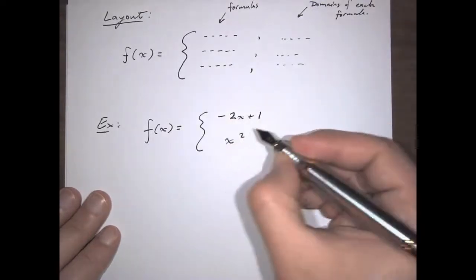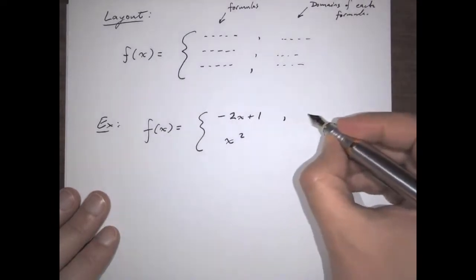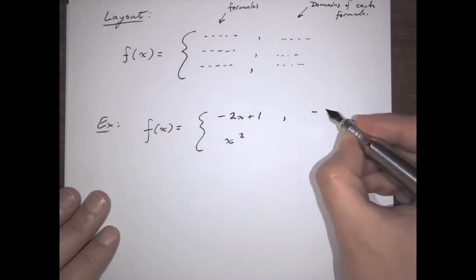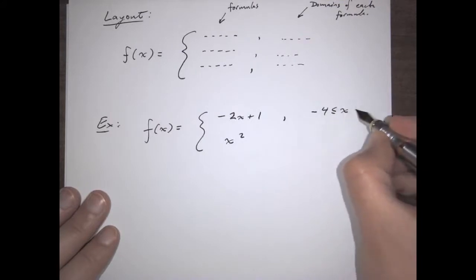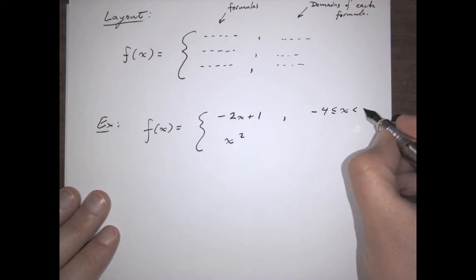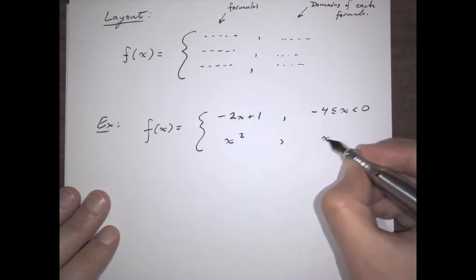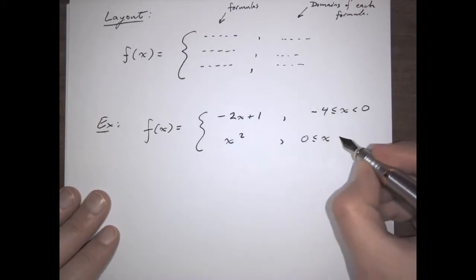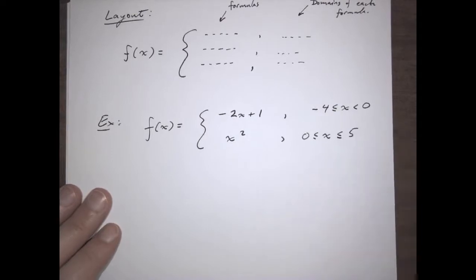This formula is what you get when negative 4 is less than or equal to x, which in turn is less than 0, and this is what you get when 0 is less than or equal to x, and that in turn is less than or equal to 5.